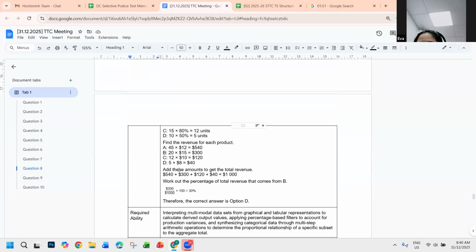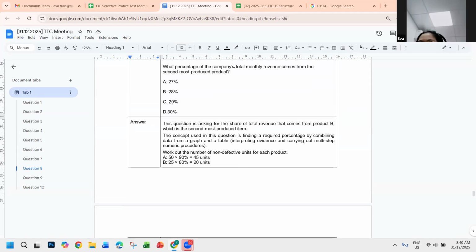Next, we will find the total revenue. We take the revenue of the four products combined. We will find the total revenue is $1,000, and we will find the percentage of the second most produced product out of the total revenue.